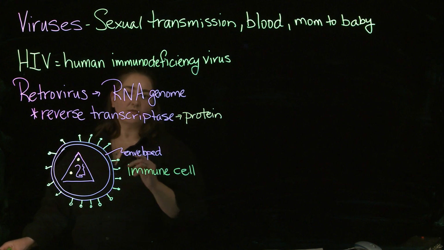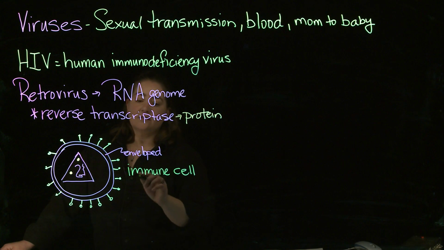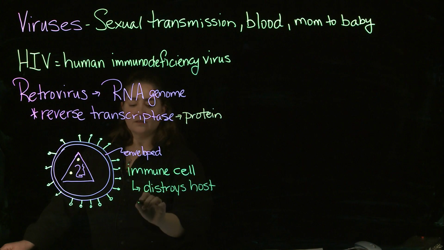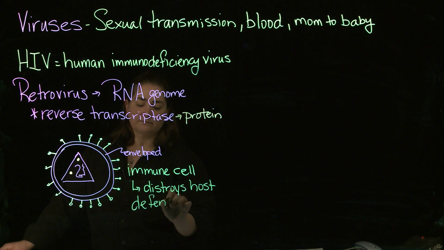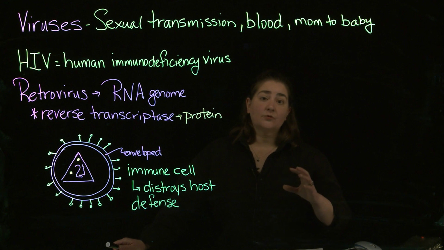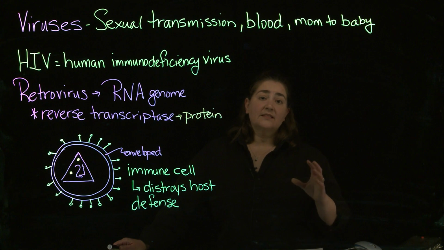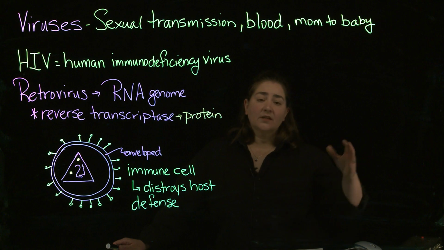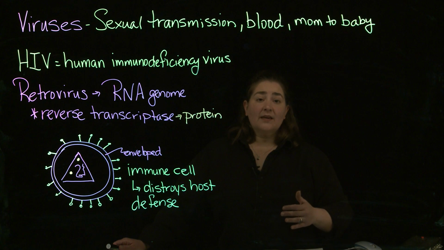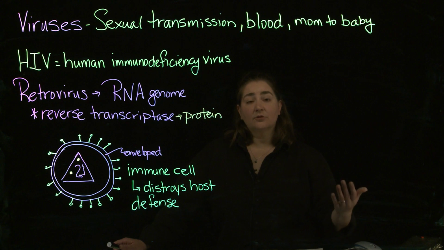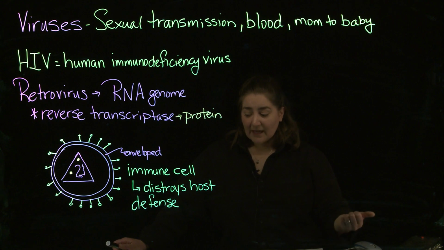So what the HIV virus does, in effect, is it destroys the host's defense system, all right? And what that means for folks who have the HIV virus is that as that virus destroys more and more of their T cells, they're not able to fend off other diseases that typically your immune system can handle.